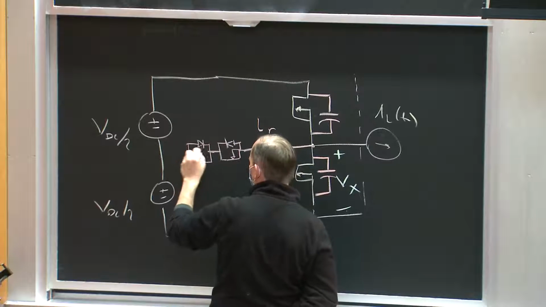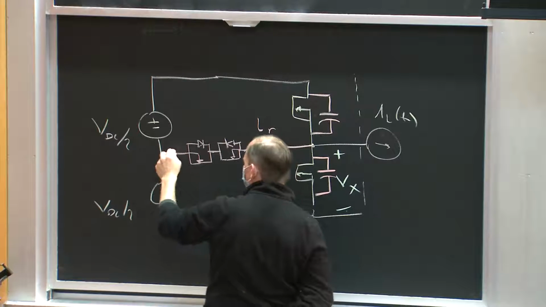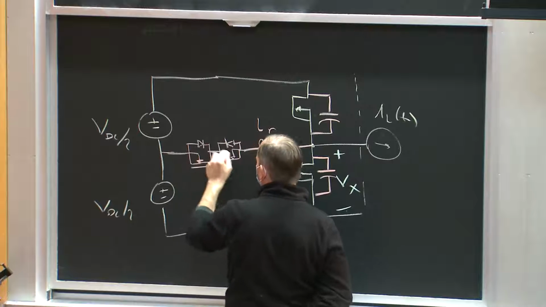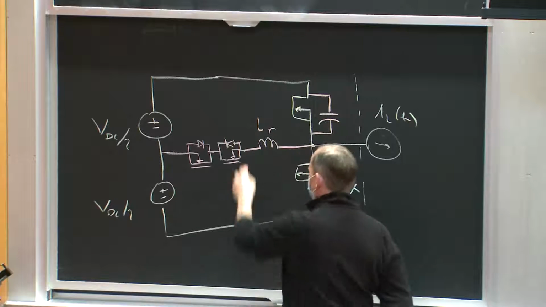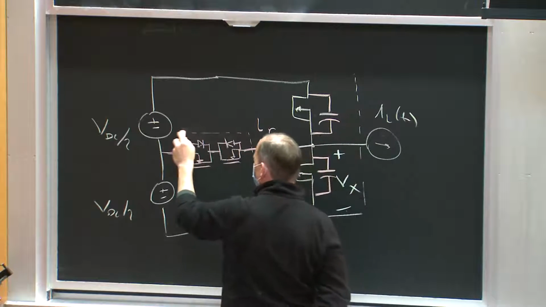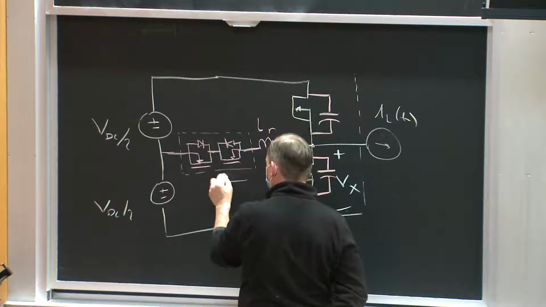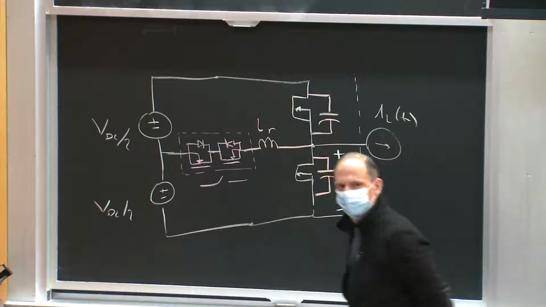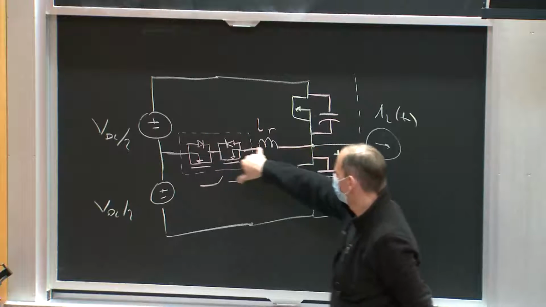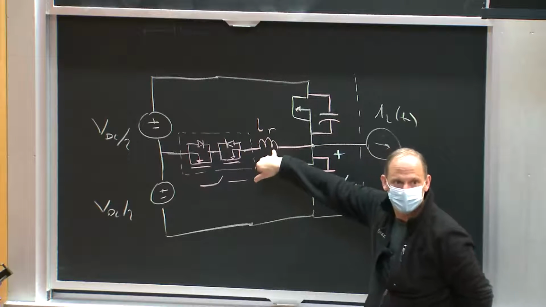I could have put them back to back the other way. It might have been better, okay? But here's my back-to-back switch. So this thing here is just a controllable bidirectional switch. Okay? Now, this bidirectional switch has an inductor in series with it.